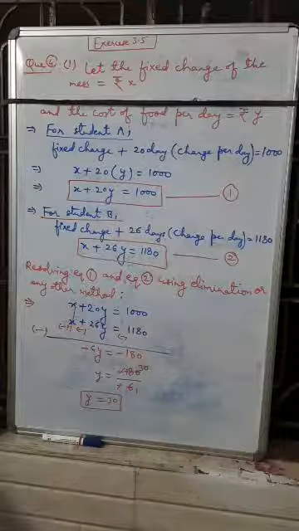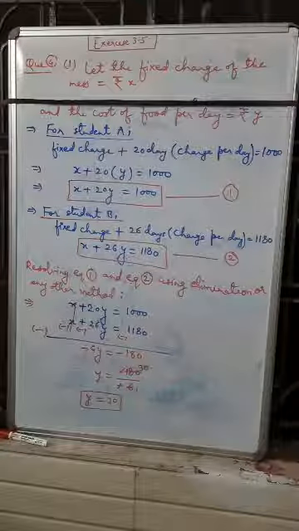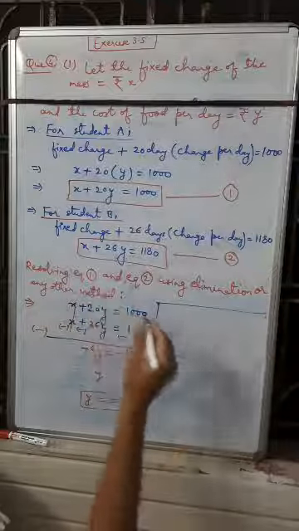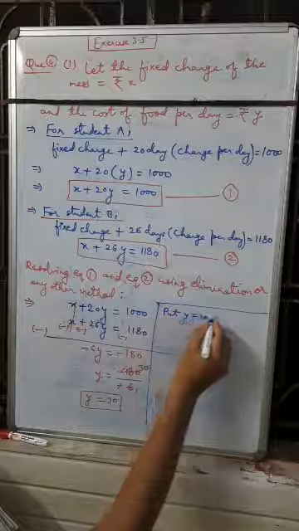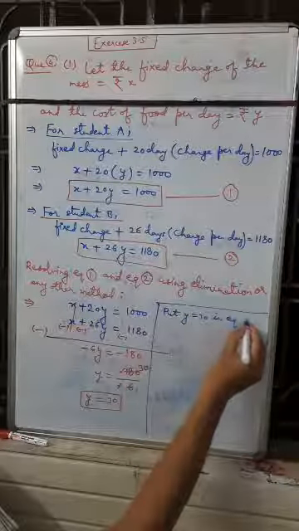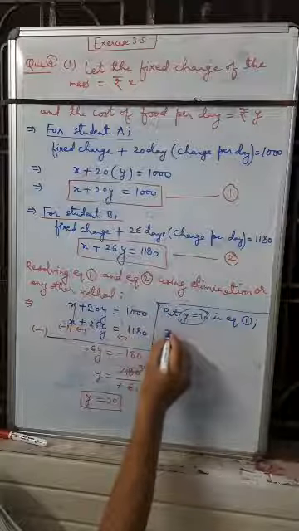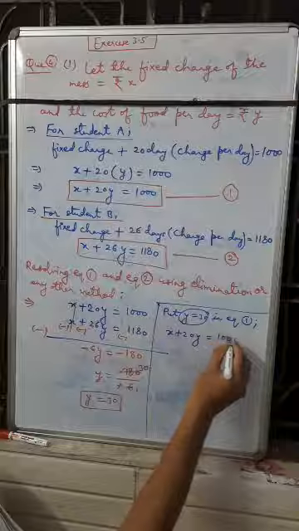So whenever you get the value of y, how do we find the value of x? Here you can put the value y is equal to 30 in equation 1. So x plus 20y is equal to 1000.